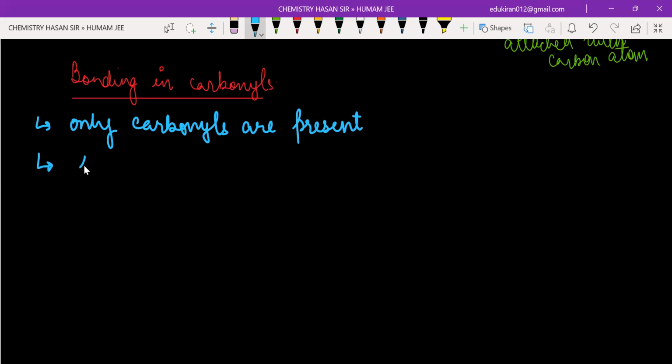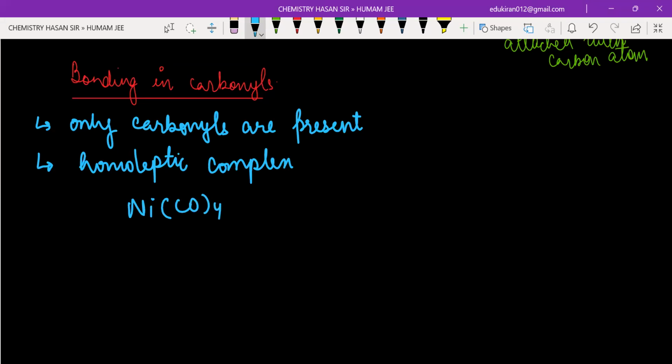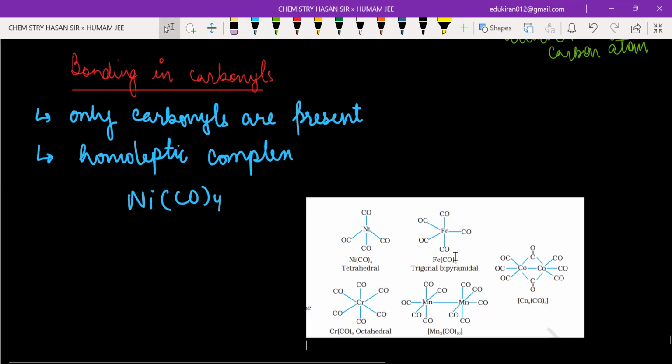The next I can write is your homoleptic complex. Like for example, I can write Ni(CO)4. Other examples that I can take from NCERT is with geometry. I can take this. Please write it.